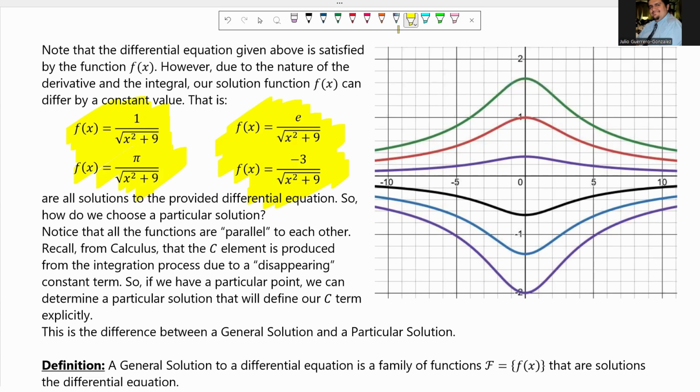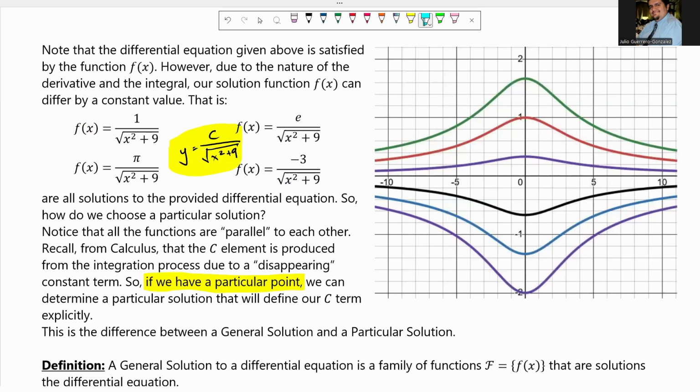If we have a particular x and y, so remember, let me go back. My function, my f of x, was c divided by the square root of x squared plus 9. I'm going to grab that f of x, and I'm going to change it into y. So notice what we have here.